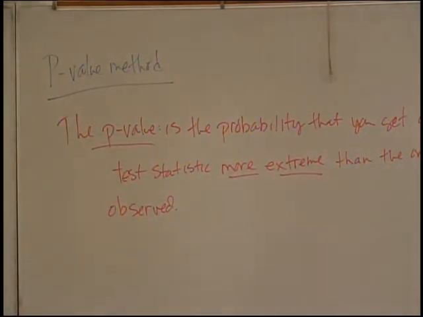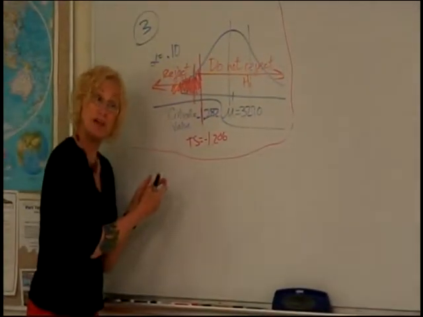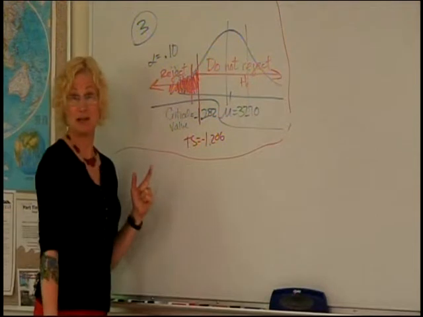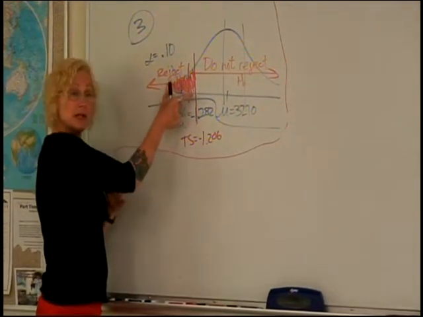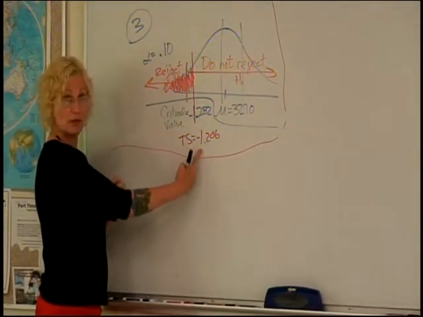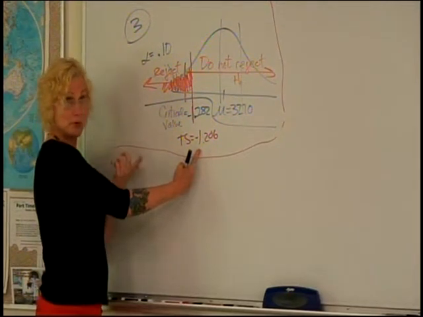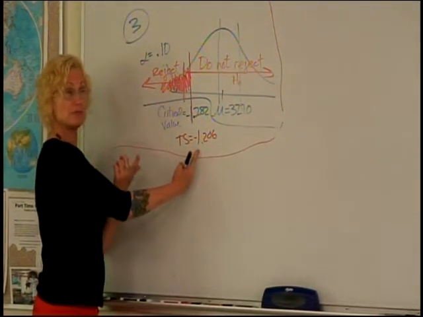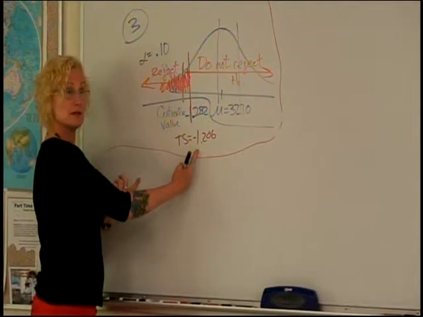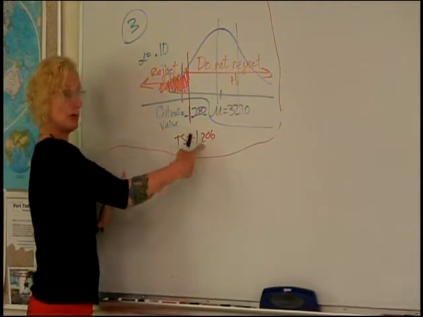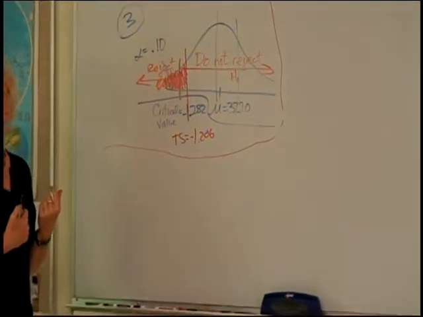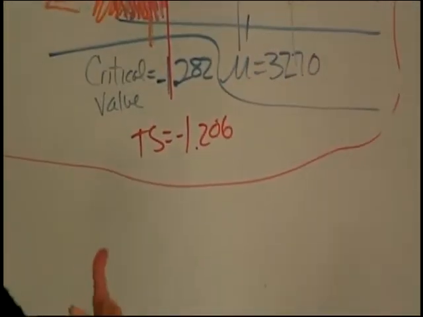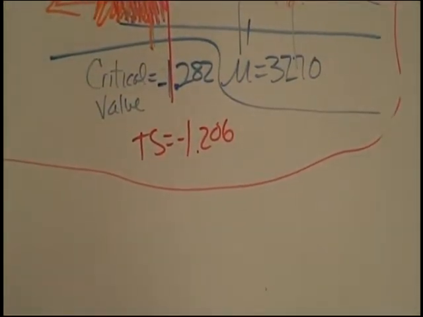So whereas reject or don't reject doesn't tell us how close of an outcome we had, the p-value will tell you exactly what's the probability that the mean birth weight of mothers under 15 is more extreme than the one you saw. Okay? How much more likely would it have been to reject H0?